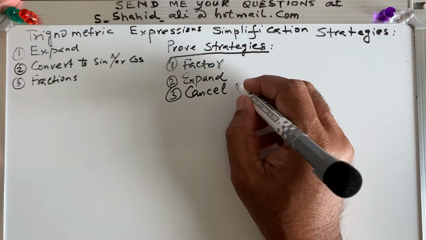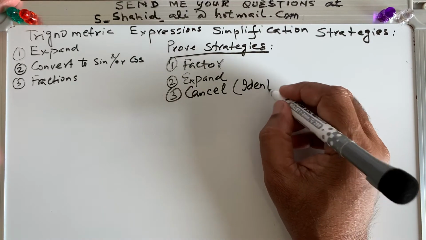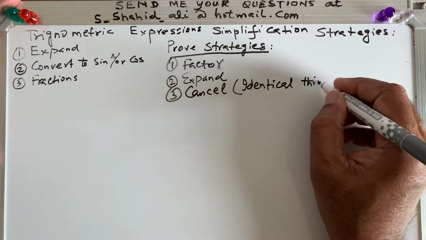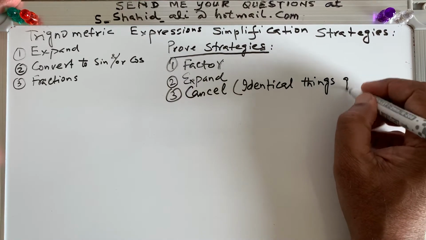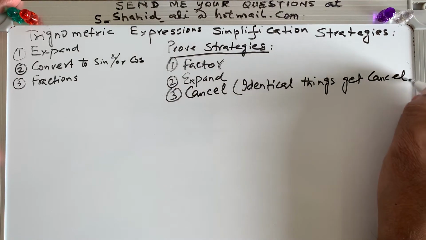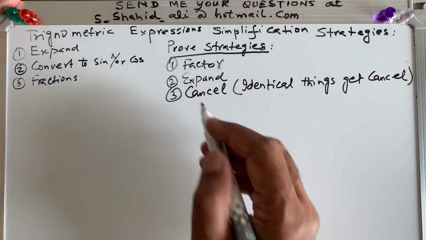Identical things get cancelled. So we have to reach a point where, if we have something common in numerator and denominator, we cancel that, or if we have plus something and minus something, we cancel that too. So these are cancellation strategies.